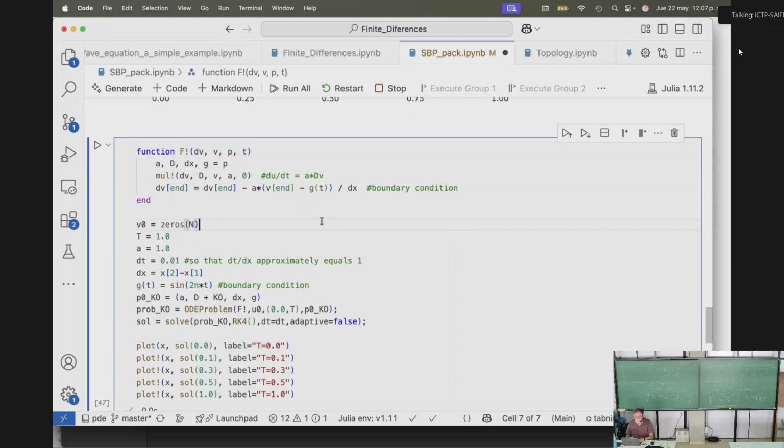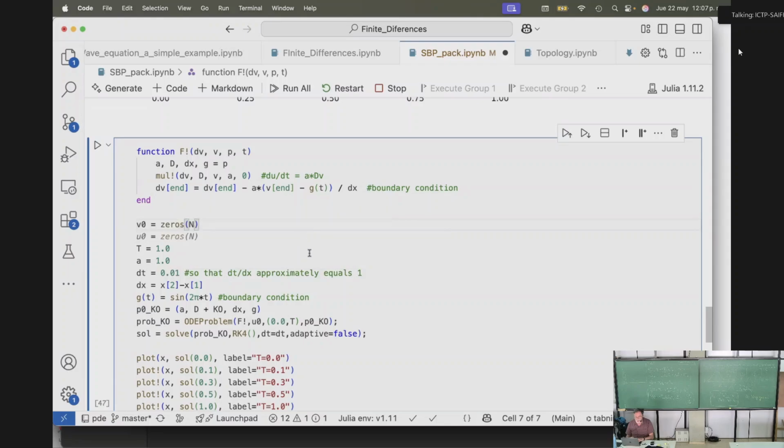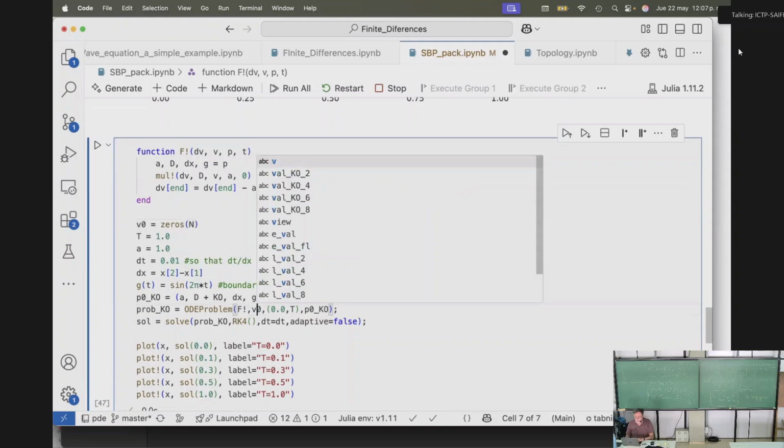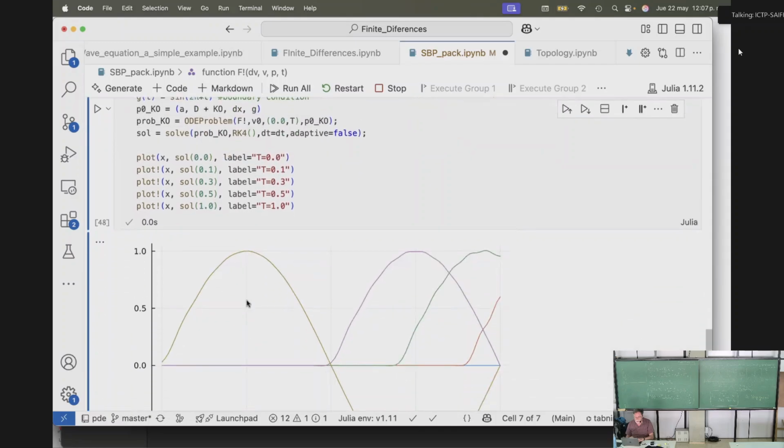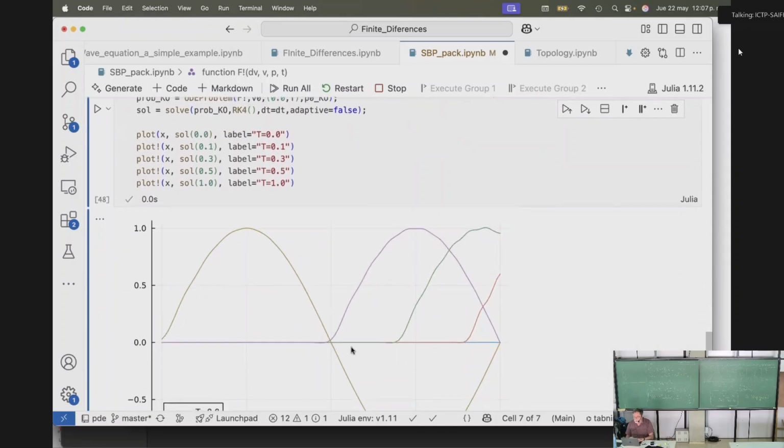Zeros of n. So the data now is 0. I put here b0. So we don't have any initial data at the beginning, and we see how the wave enters. It enters like this.